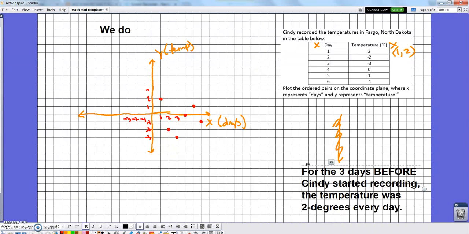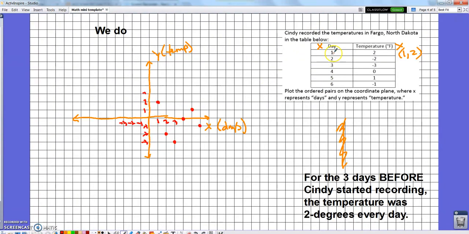So I want to add those points. I've just got new points on my plane, right? The day before day 1, it was 2. So on day 0, it was 2 degrees. On day negative 1, it was 2 degrees. And on day negative 2, it was 2 degrees.